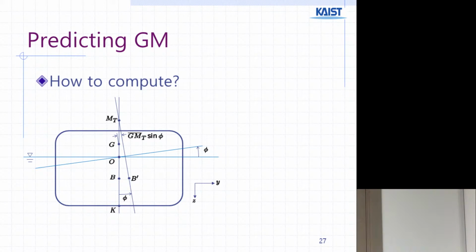When you shift the weight, the ship is going to rotate, of course, because the center of gravity has changed to this G prime. So the pendulum is going to shift as well. This was the initial position of the pendulum, and now it shifted to this position.